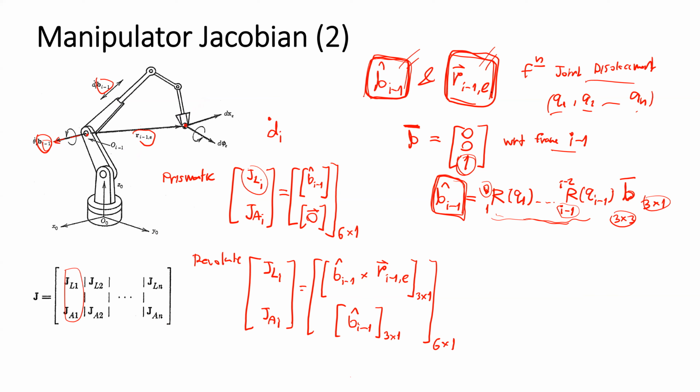From the homogeneous transform, we have a 4x4 matrix. So in this case, we compose the 4x4 matrix.